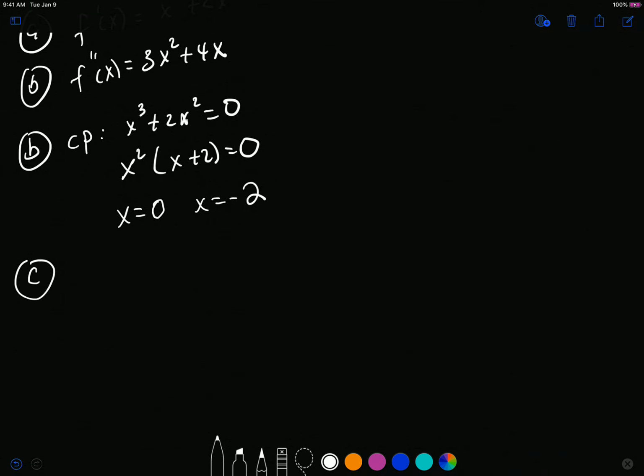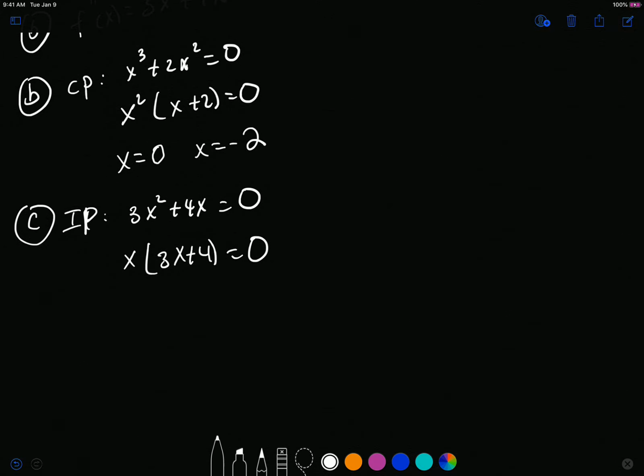Number C, the inflection points. To get your inflection points, you have to take the second derivative, which is 3x squared plus 4x, and set that equal to 0. Again, here I can factor out x, and that leaves me with 3x plus 4.